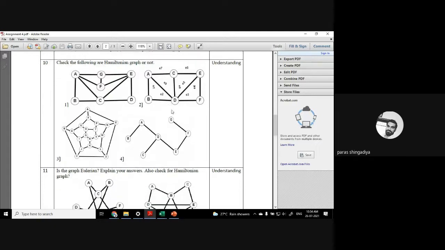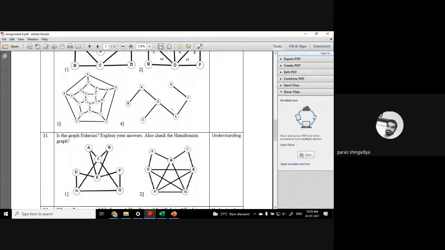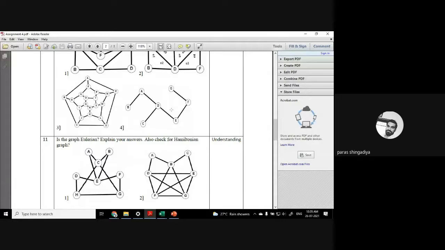Now, next is question number 11. Is the graph Eulerian? Explain or answer, and also check for a Hamiltonian graph. Okay, you have to check both. First check it for a Eulerian cycle, and then also verify whether it is Hamiltonian or not.